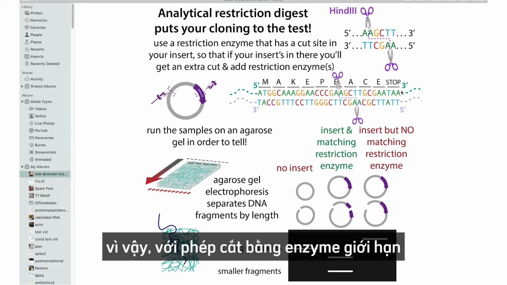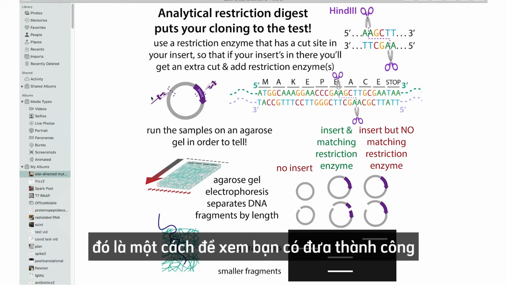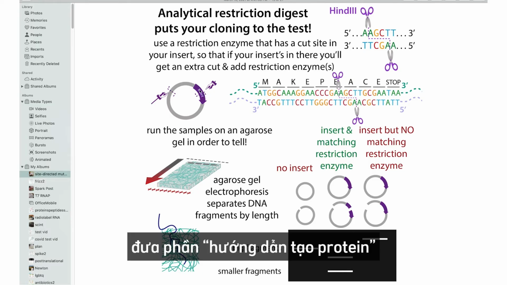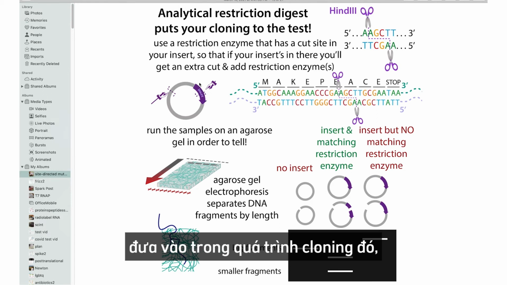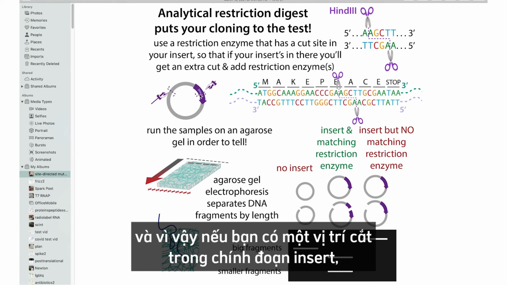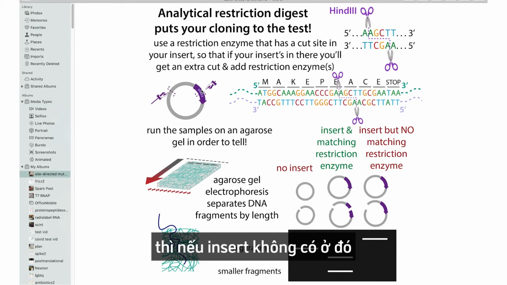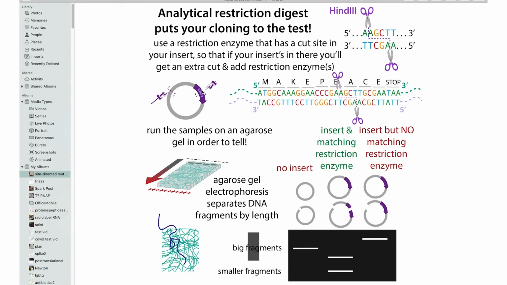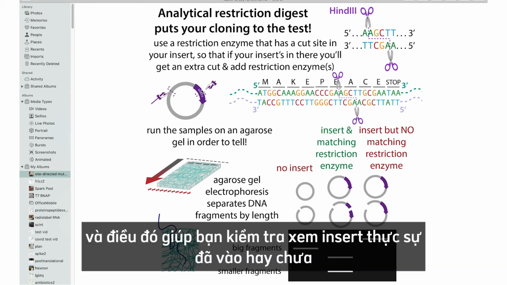With a restriction digest, it's a way to see if you successfully put in that protein instructions, that insert you wanted, when you're doing that cloning. If you have a cut site in the insert, then if the insert isn't there, you won't get a cut there, and if it is there, you will get a cut there. And so that can help you see if the insert is actually in there.